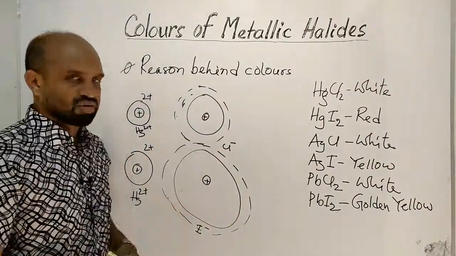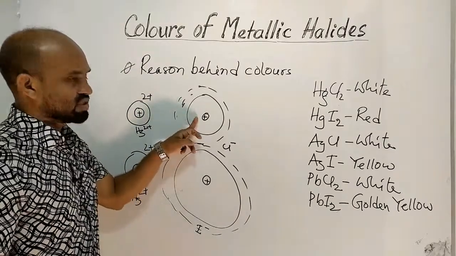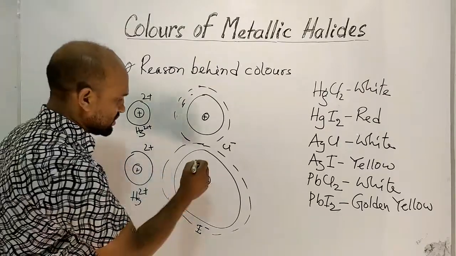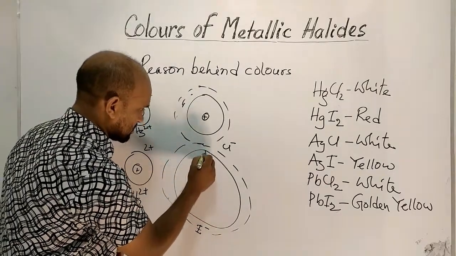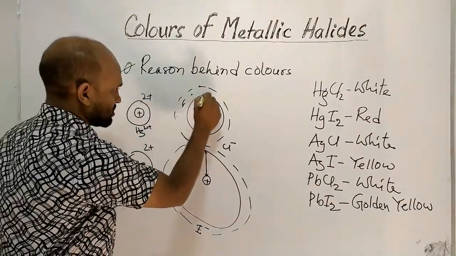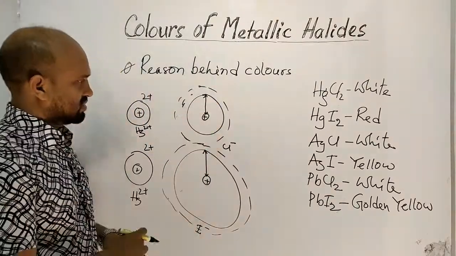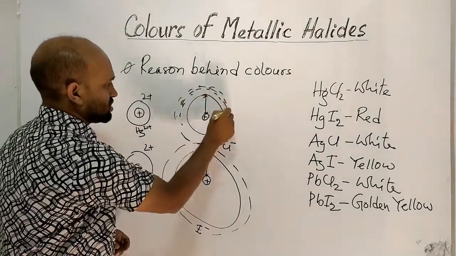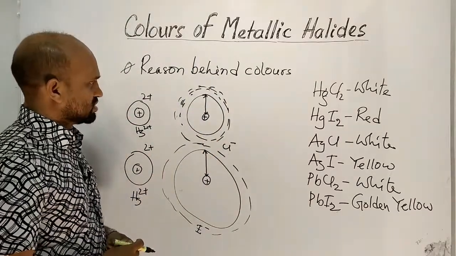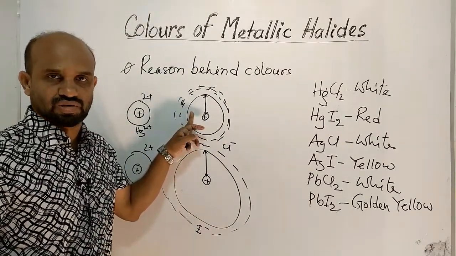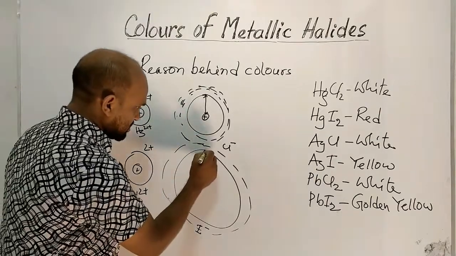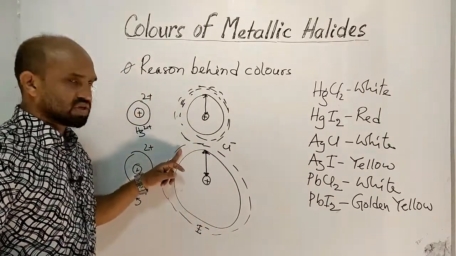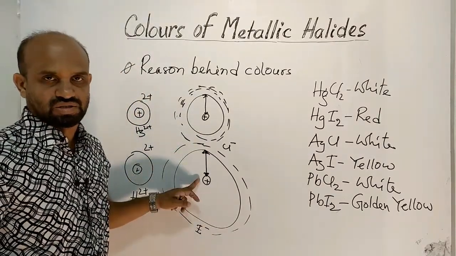Here this is the chloride ion, which is comparatively smaller than the iodide ion. The iodide ion is bigger. Here the distance is this, and here the distance is less. Because of this less distance, the electron cloud in the case of chloride ion is strongly bonded to the nucleus. But here, since the distance is larger, the electron cloud is loosely bonded to the nucleus.